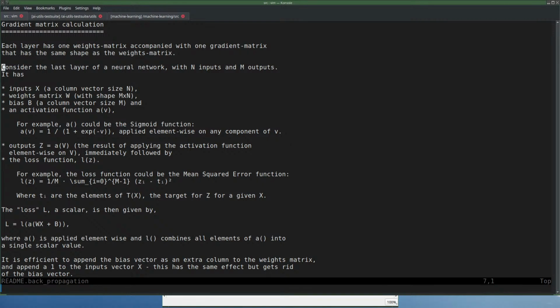Consider the last layer of a neural network with n inputs and m outputs. It has inputs x, a column vector of size n, the weights matrix W with shape M times N, M rows and N columns, and a bias B, a column vector of size M, and an activation function A of V.